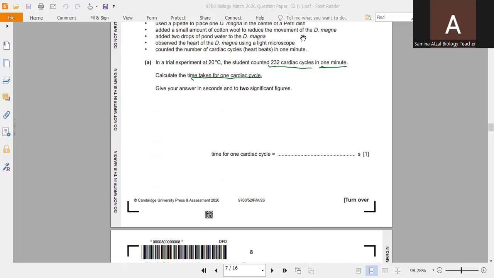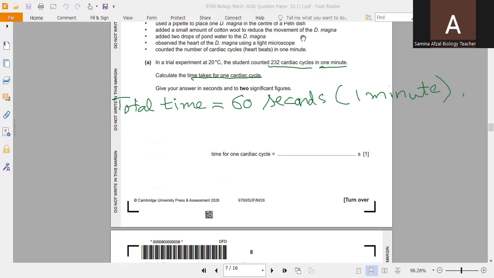For this purpose, first of all, we are going to calculate: total time is equal to 60 seconds, 1 minute, and total cycles are 232.